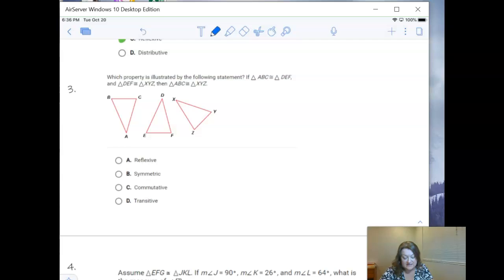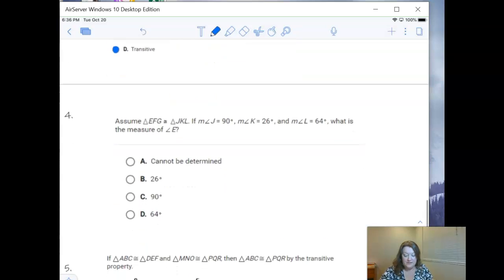It says if ABC is congruent to DEF, and DEF is congruent to XYZ, then this first one is congruent to the last one. So that was like my friend, right? If I have a friend and they have a friend, then me and their friend should be friends. Okay, so that would be which one? That was the one that started with a T, transitive property.